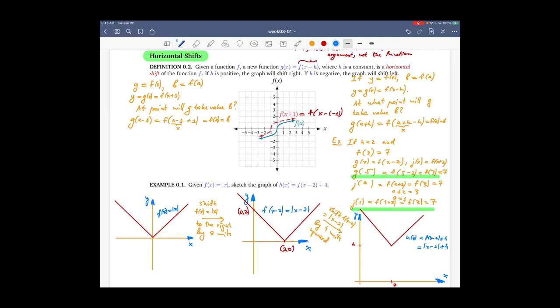One important comment that I would like to make here about this problem is the following. In this particular example, the order of transformations didn't matter. We first shifted to the right, and then we shifted upward.